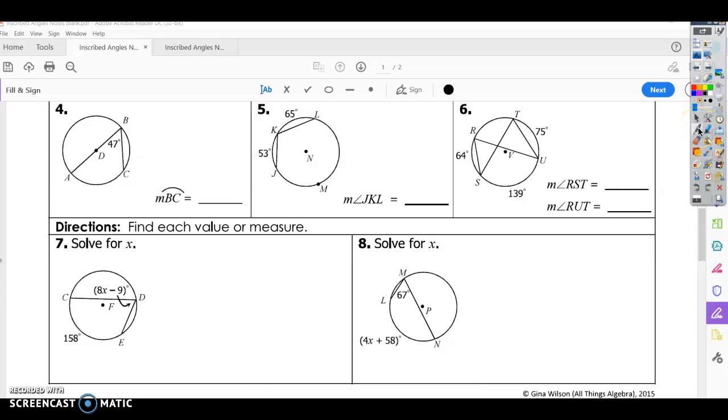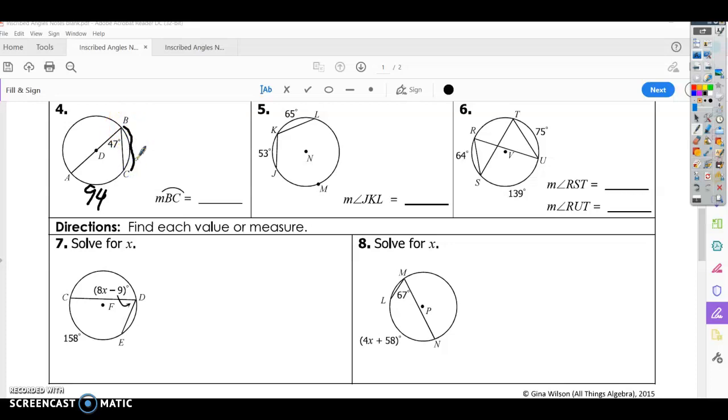All right, looking at number 4, it has a couple more steps that you have to do. First, we know that the angle is half of the arc measure. So if we take 47 and double that, we get 94. And then we look at this and it says, what is the measure of arc BC? So it wants this arc measure here. Well, how do we find that?